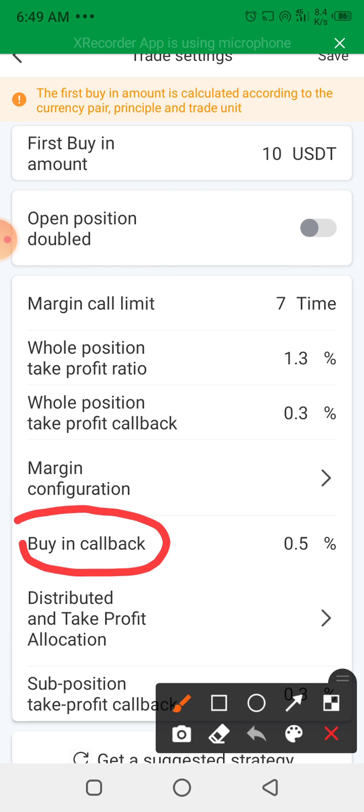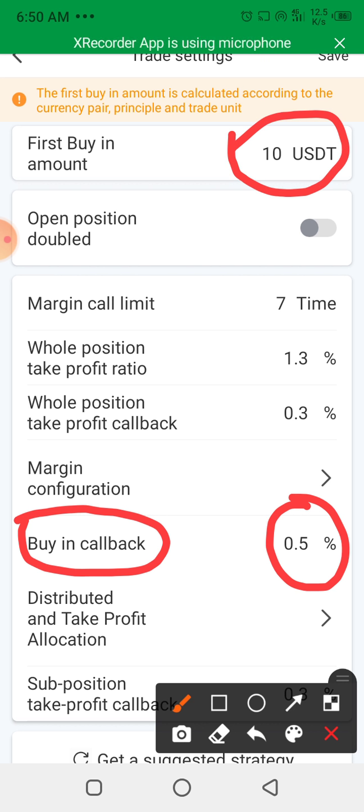Buy in, call back. What does it mean? You say 0.5%. What it means is that after the initial purchase of 10 USDT, if the market drops 0.5%, then trigger the margin call, the ones you set in this place, margin configuration, then trigger the calls to start.